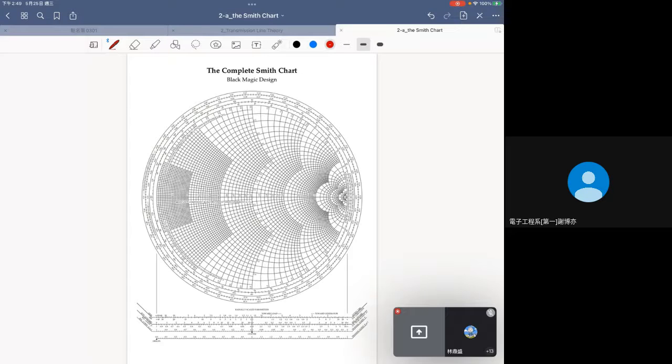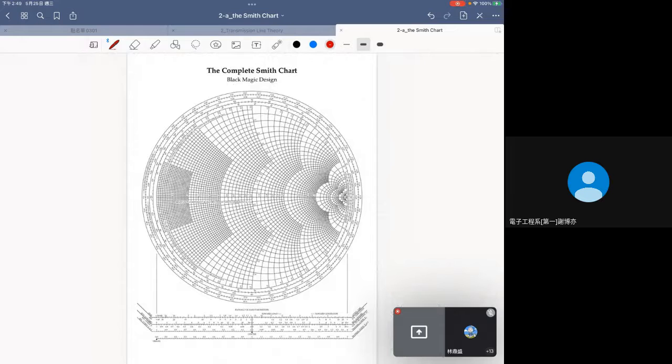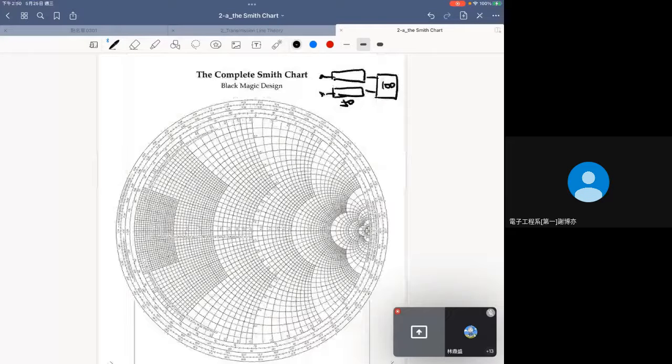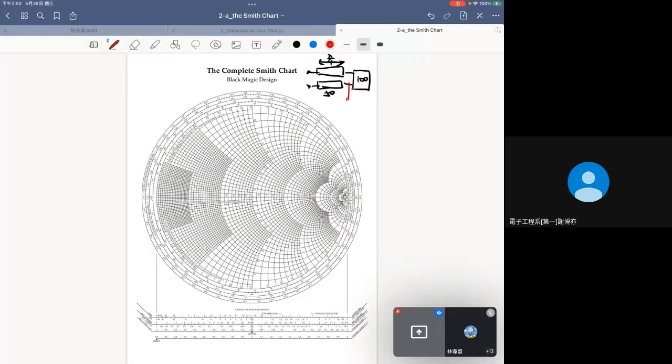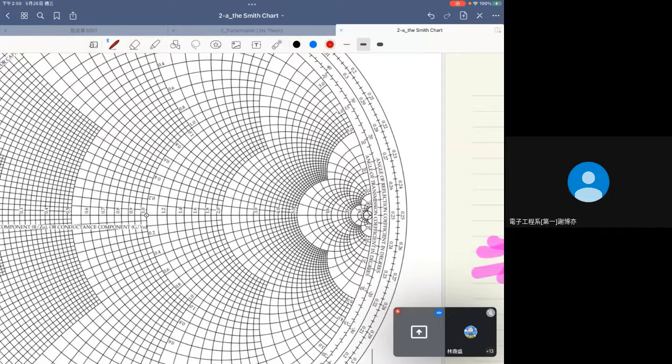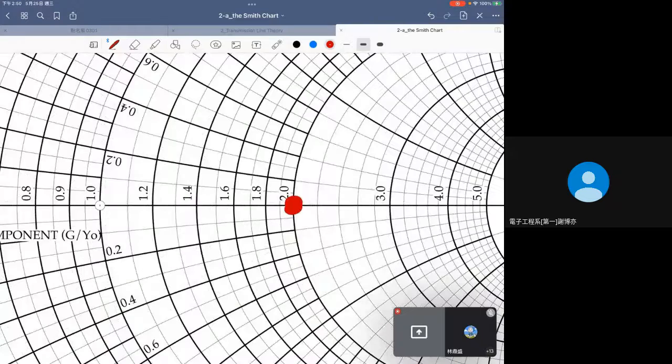I already gave you an example: if I connect 100 ohm to 15 ohm and the transmission line is a quarter wave transmission line, what you need to do at point A is here, because 100 over 15 equals 2, right?